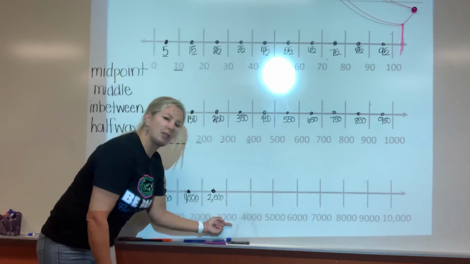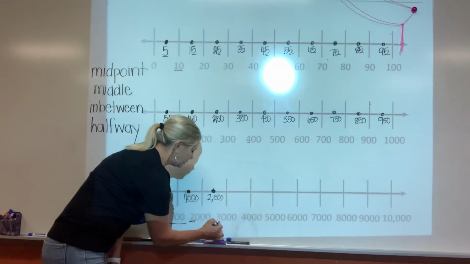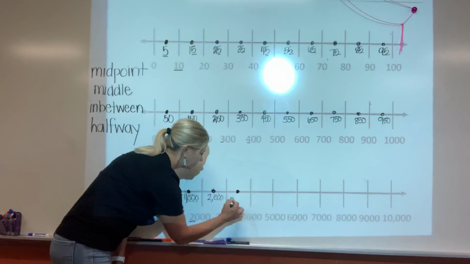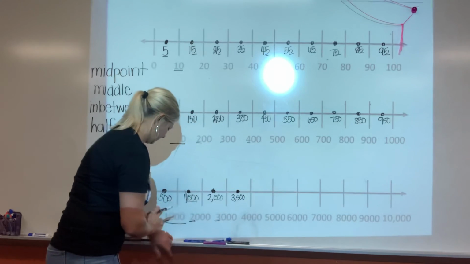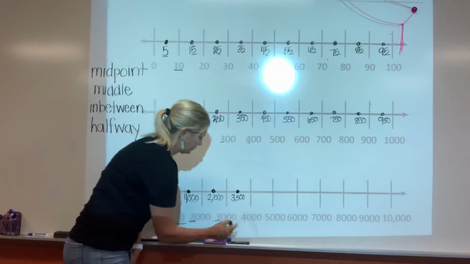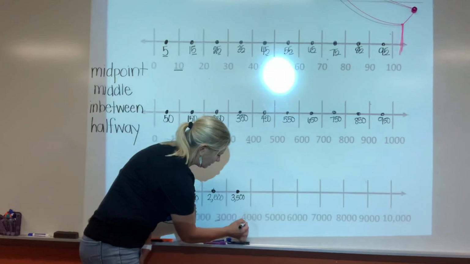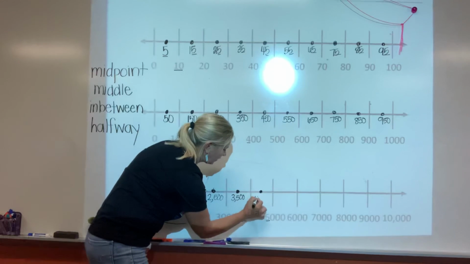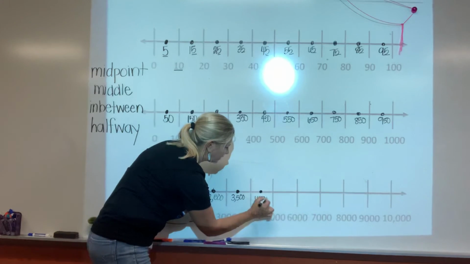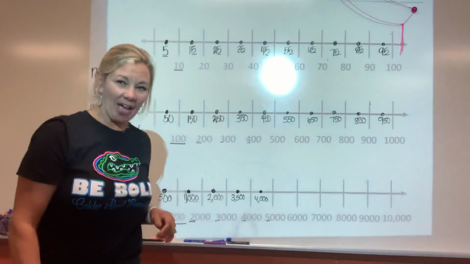In between 3,000 and 4,000 is 3,500. In between 4,000 and 5,000, 4,500. Are you starting to see the pattern now?